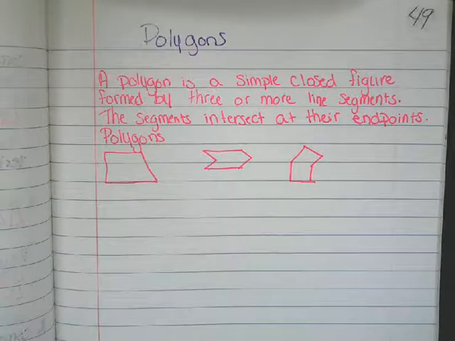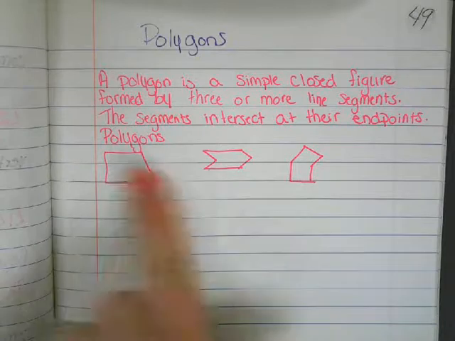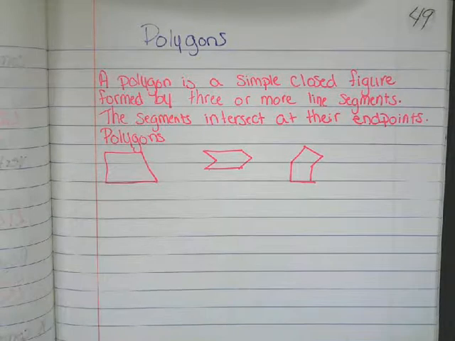Okay, three or more line segments. I guess there's three things. Tristan? They don't intersect in the middle, they only intersect at the endpoints. And what was the first thing that was in our notes? It's a closed figure.